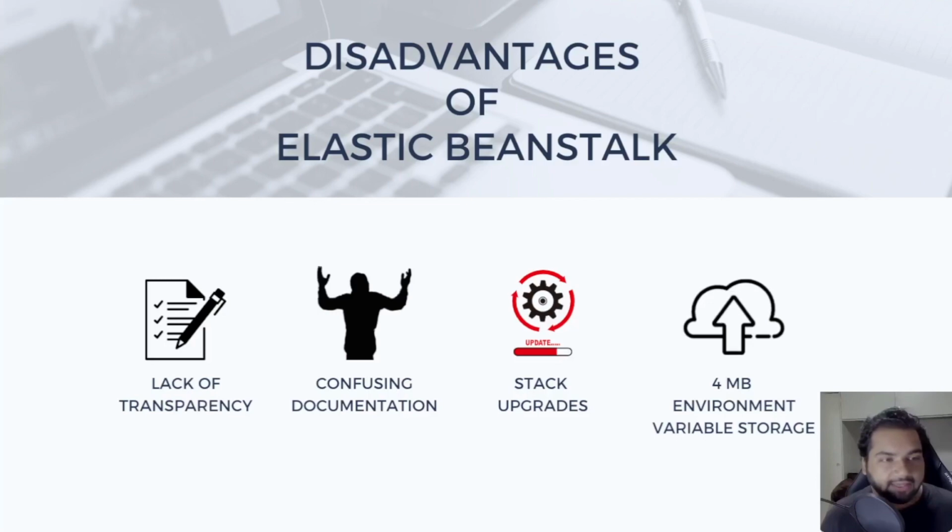So other than that, the stack upgrades. You people are thinking the upgrades are good, but one drawback here, not exactly a drawback, is also related to transparency. Elastic Beanstalk comes out with new stack versions all the time, but we have zero information on what has changed.